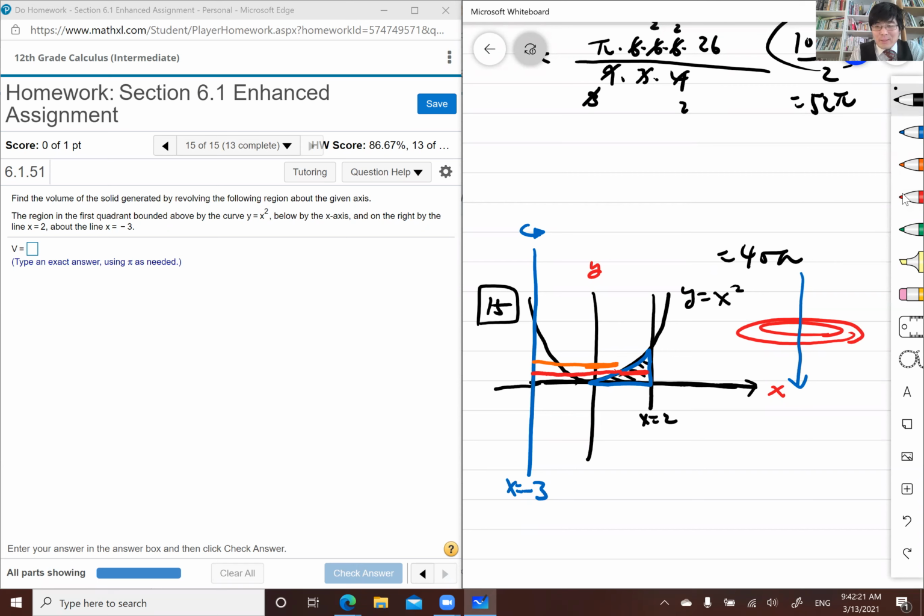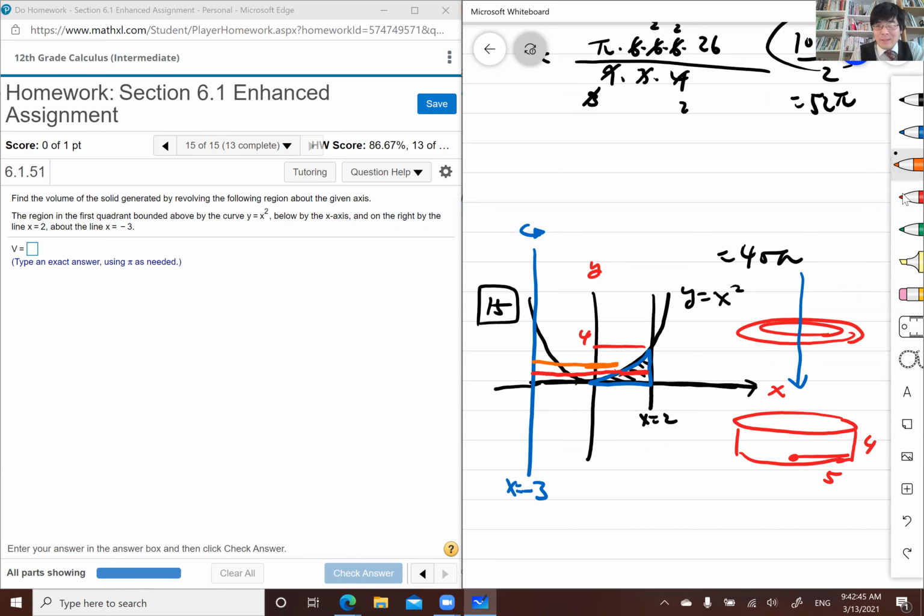Look at the bigger radius: the red is always 5 in this interval. So it's just like a cylinder with base radius 5 and height 4. So this part we don't need integration for.